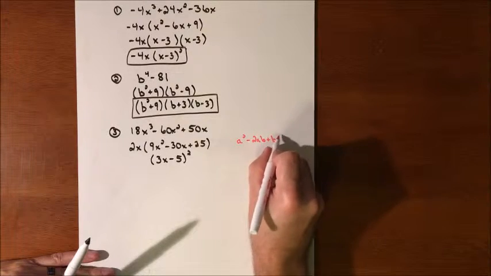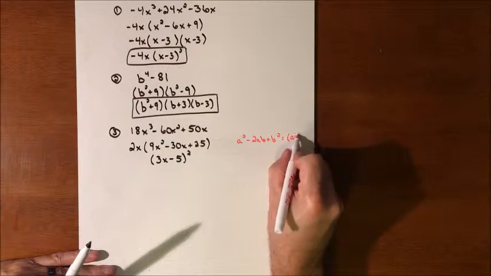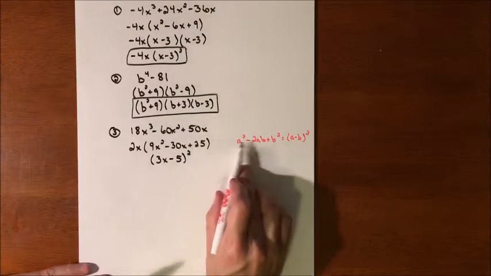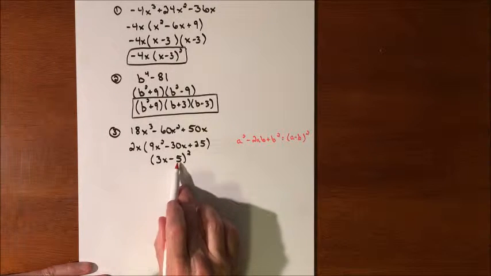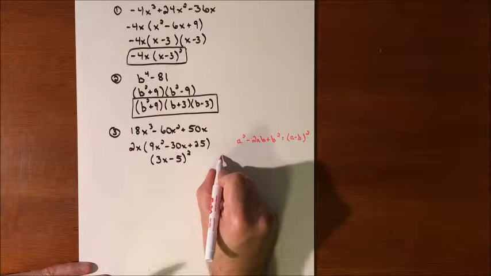It's a special case. If you have that, it factors into a minus b, squared, which is kind of what I'm looking at. I see the perfect square and the perfect square, but I've got to check on the middle part. So I need to know if those two pieces multiply together, which that's my a and that's my b. So that makes a negative 15x.